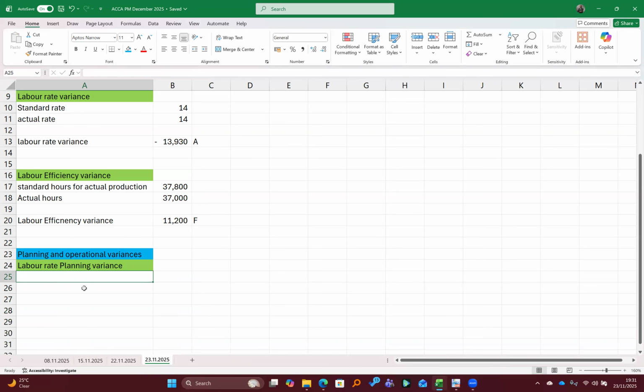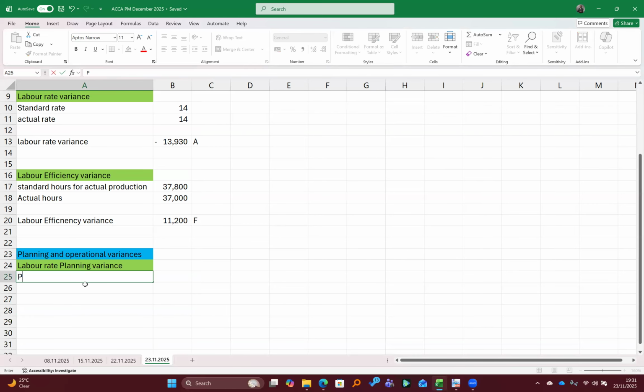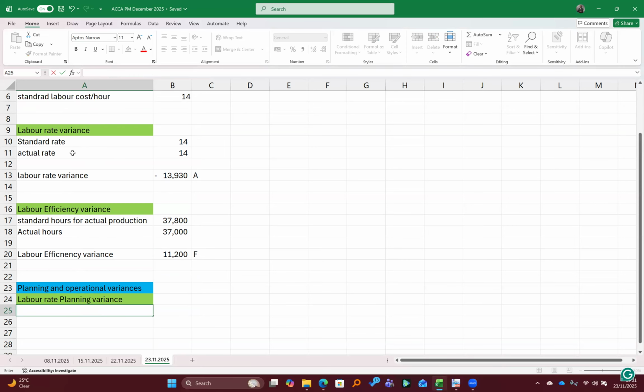Now for the planning part, we can say what was the original standard. That one we have it here. The standard rate was 14, original standard was 14.